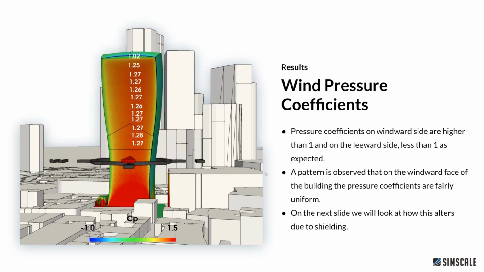And they look something like this. And as you can see, in the center of the building, you've got a pretty constant pressure coefficient, drops off towards the top, drops off towards the bottom. And what we're actually going to show you is the pattern, but on a more interesting side. Let's use this view just to give it a bit of context.